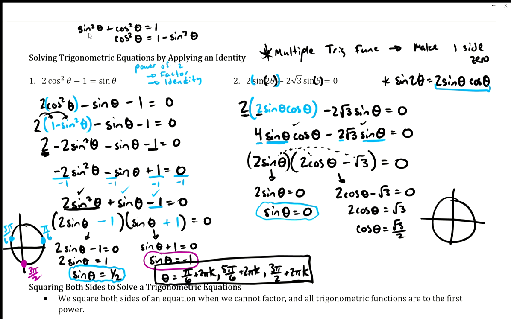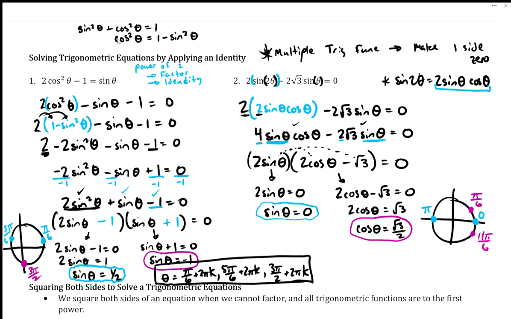Where sine of theta is 0, that's y-coordinates that are 0, which is on the x-axis: angle 0 and angle pi. And where cosine of theta equals radical 3 over 2, that's an x-coordinate of radical 3 over 2, in quadrant 1 and quadrant 4. Close to the x-axis means 6 is involved in the denominator, so pi over 6 and 11 pi over 6.